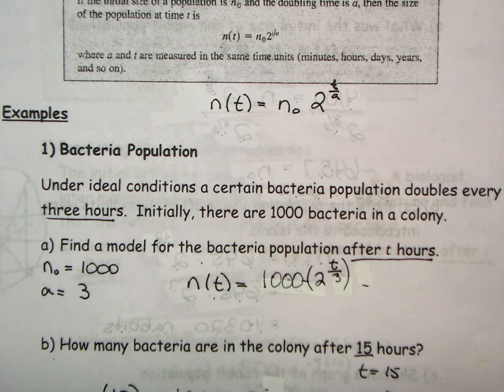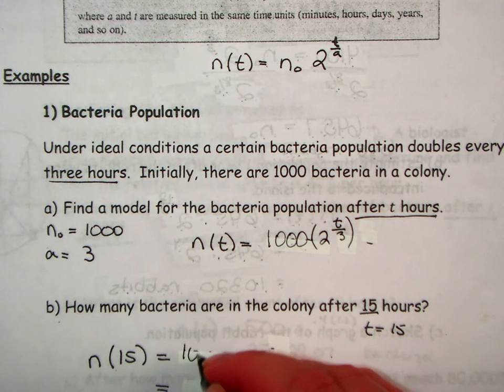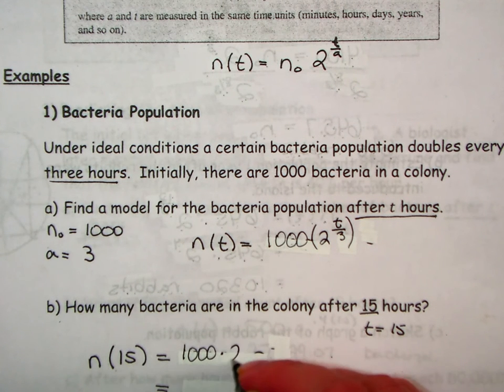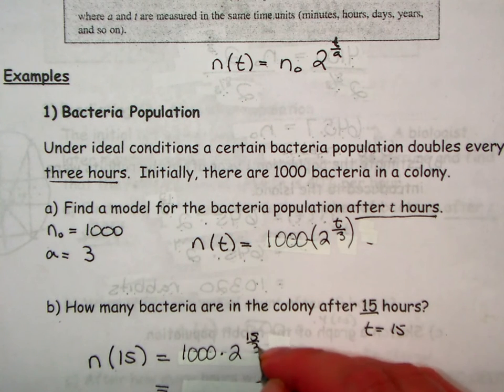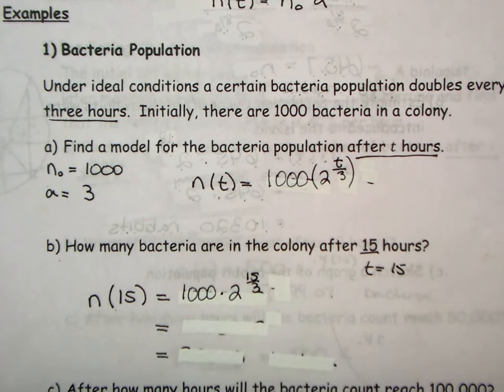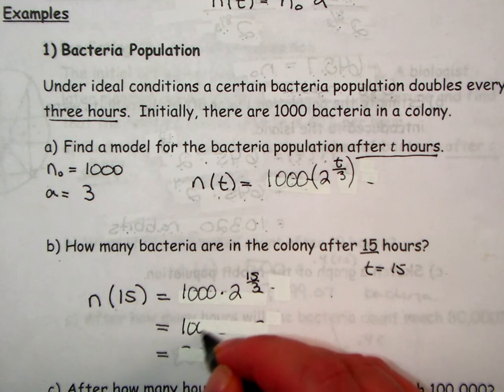But what we're going to do is plug 15 into our function. So we're going to calculate the number of bacteria after 15 hours. We're going to get 1,000 times 2, and for the t we're going to put a 15. 15 over 3, right? 15 divided by 3 is 5, and that's where I got the doubling 5 times over.